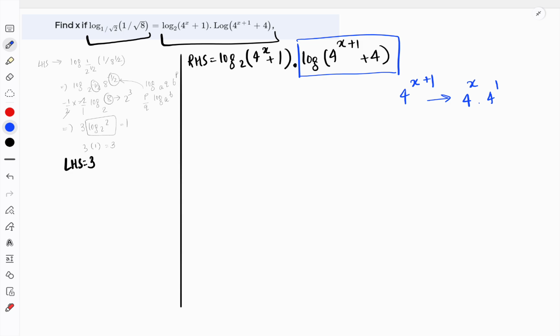Now when we have this, we can take the common term, so we'll have log 2 4 power x common, and then this 4 we'll write as 1 over here, straightforward.